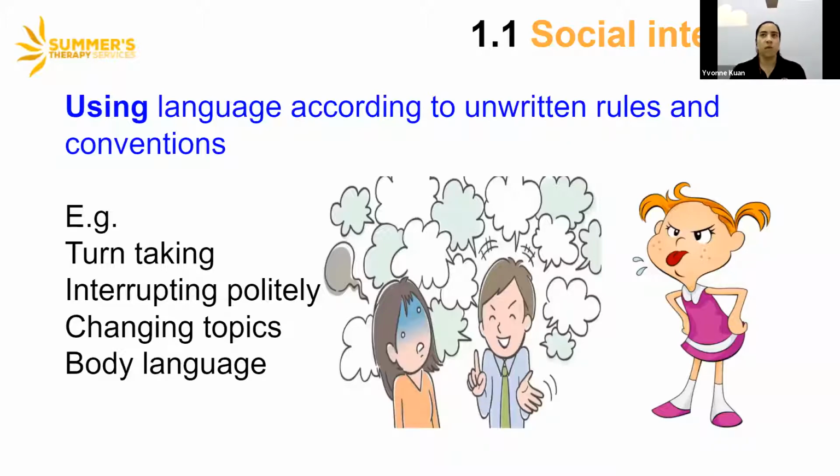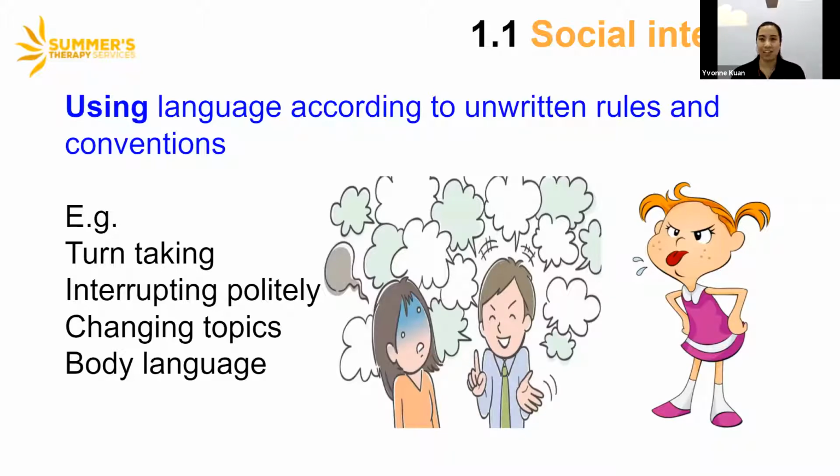And you're like, what do you mean? Knowing that if I want to change topic from Sunday, what I did, and moving on to what I ate, I have to give you a topic changer and indicate, oh, now I want to talk about what I ate yesterday instead. So all this falls under how I use language according to the rules and conventions that will suit the social interaction at that time.